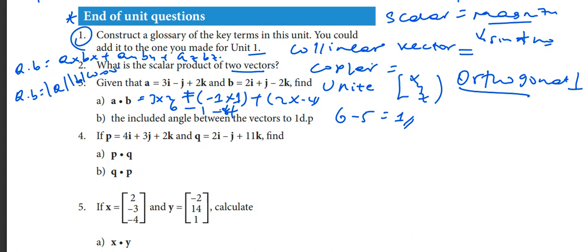B, the included angle between the vectors into one decimal point አስቀምጡ ይላል። Therefore cos theta is equal to a dot b over magnitude of a and magnitude of b. Therefore magnitude of a ስንል this magnitude 3 square ስንል 9 plus 1 plus 4, 14.